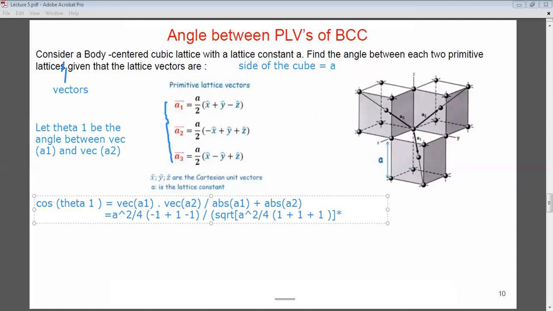So times square root, the other one also has a squared over 4 into minus 1 squared. So it's 1 plus 1 square is 1 plus 1 square is 1.